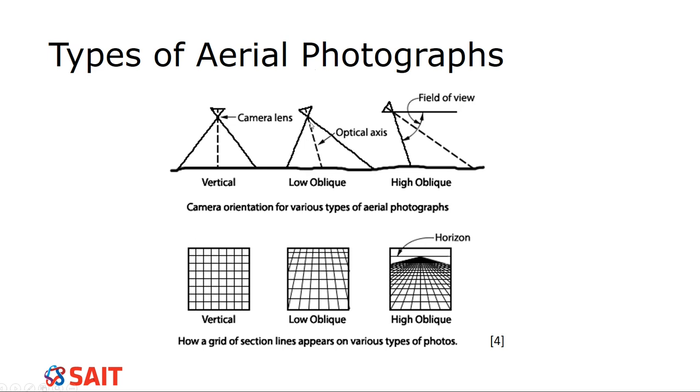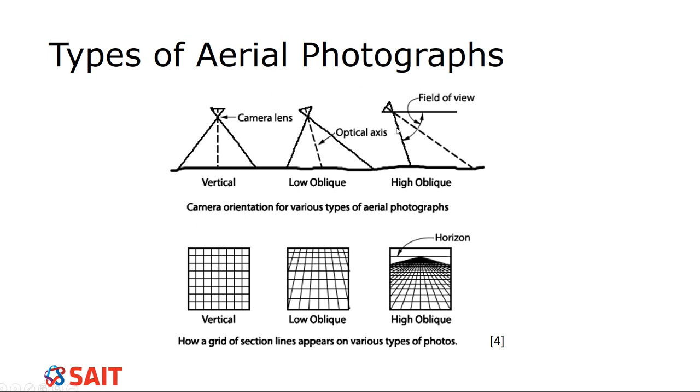That is when the nadir and the principal point are not close. The same with high oblique, where we would see out into the horizon. The nadir is not even in the focus of the high oblique image.